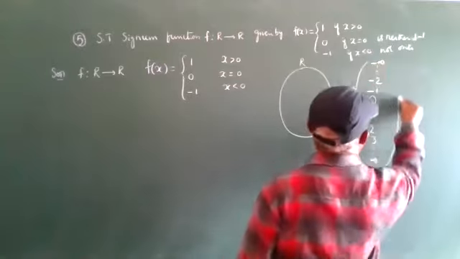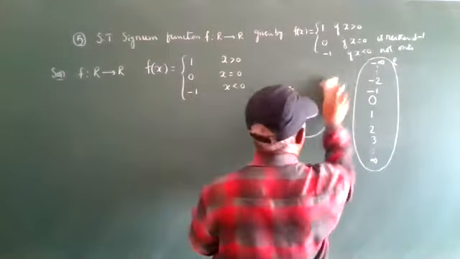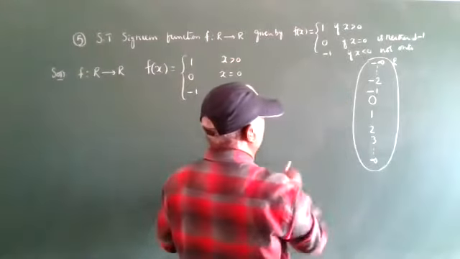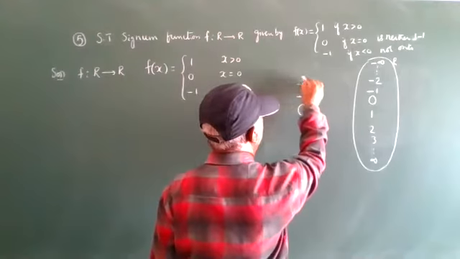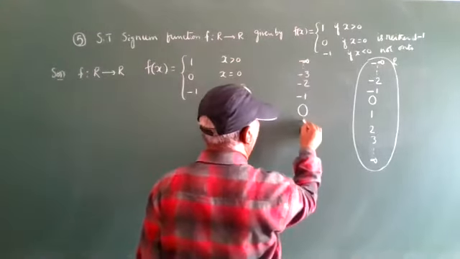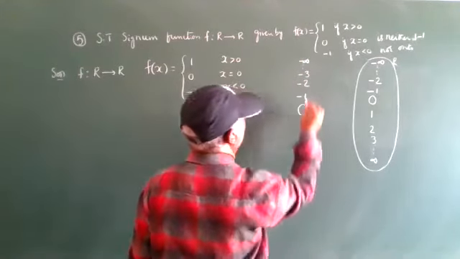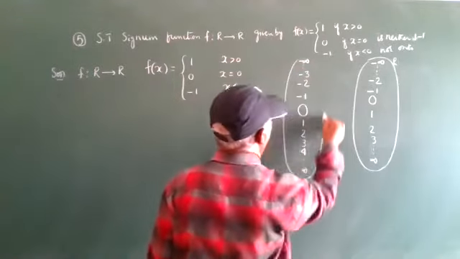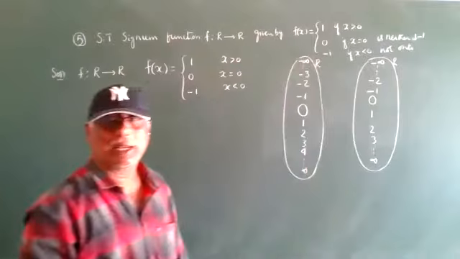Draw this figure of the codomain and the domain also: 0, minus 1, minus 2, minus 3 to minus infinity, 1, 2, 3, 4 to infinity. This is the domain, domain also R. R to R is the relation.